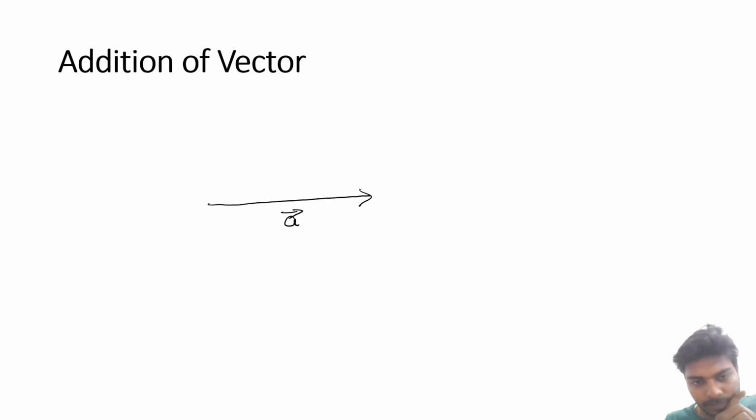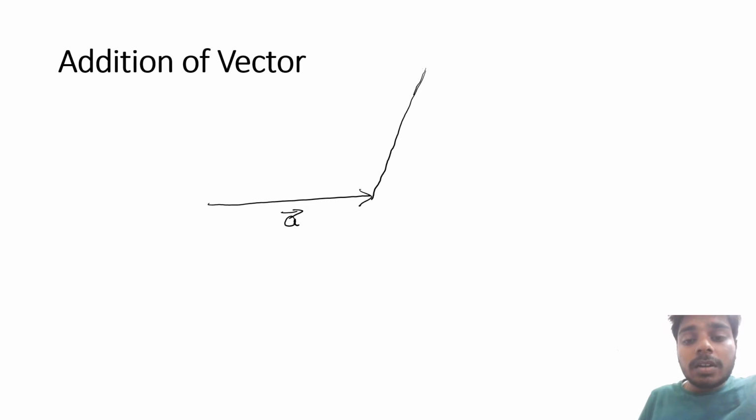In the triangle rule of addition, we were joining the tail of one vector to the head of the other. We have already discussed that, that is our v vector.